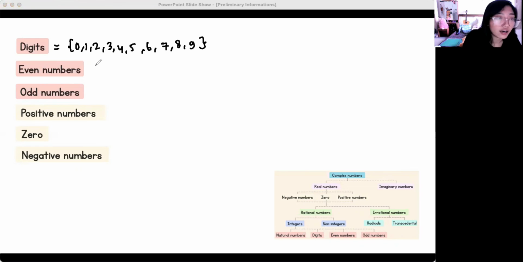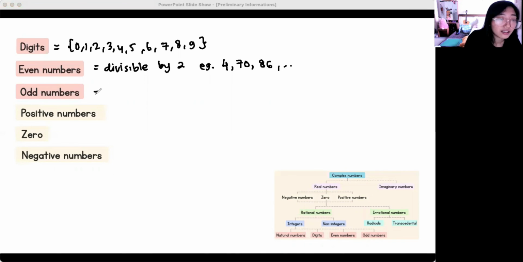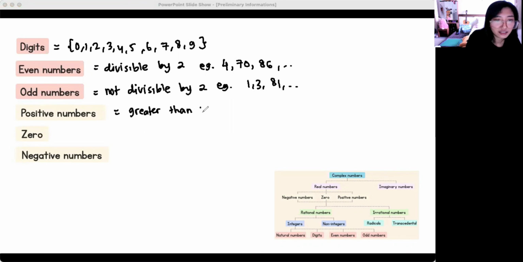Even numbers are those that are divisible by 2, like 4, 70, 86, and so on. The odd numbers are not divisible by 2: 1, 3, 81, and so on. Positive numbers are greater than 0. 0 is only 0, and negative numbers are less than 0.